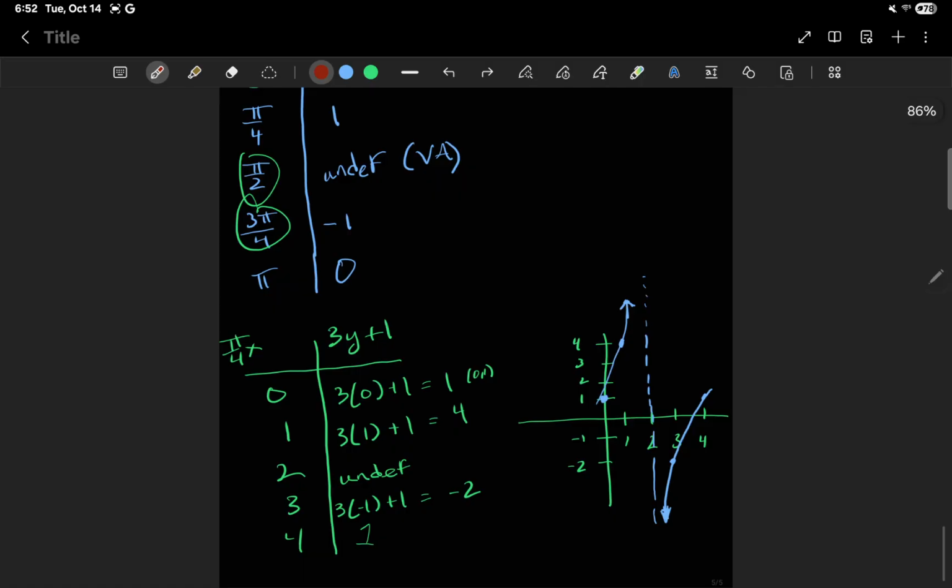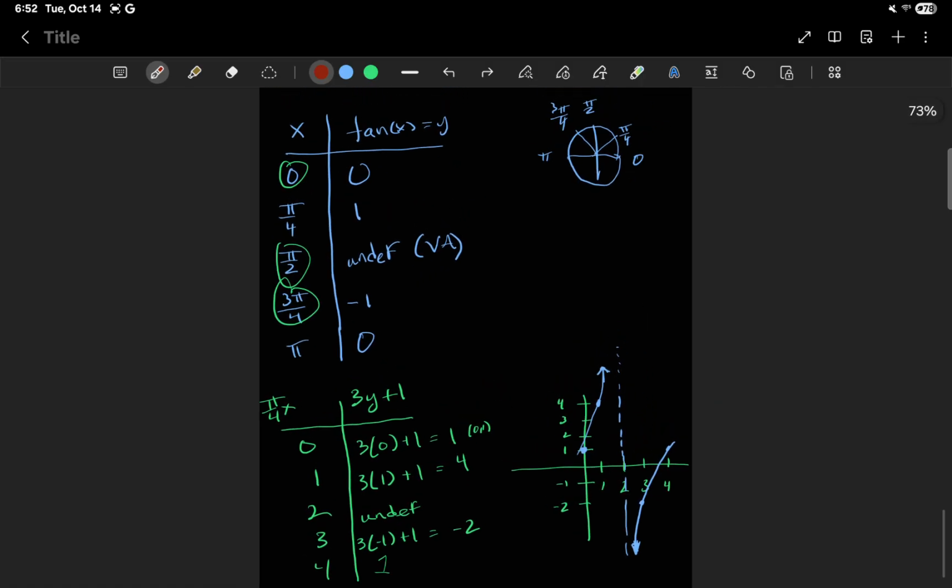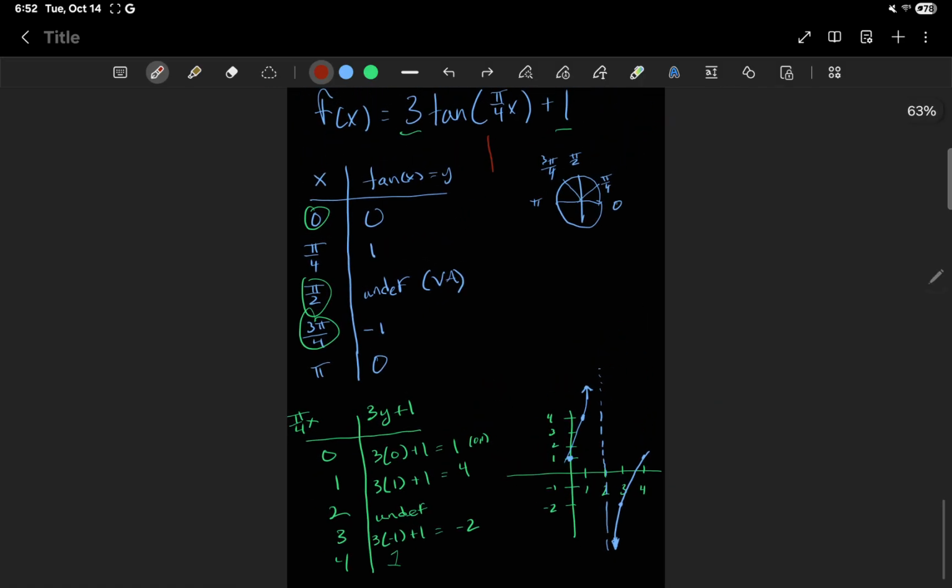So this graph right here is that function there. So really what I'm looking for is 5 points and the work to get there. Obviously here I did a lot of work, such as pi over 4x equals pi over 4, and I erased it.